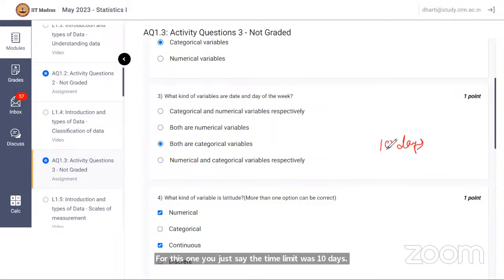Then, if you ask any student in 0 to 10 days, in how many days you have completed your project, then he or she will answer either 3 or 4. It will not be like, okay, I have completed my project in 4.1 days, 4.2 days. Is it so?